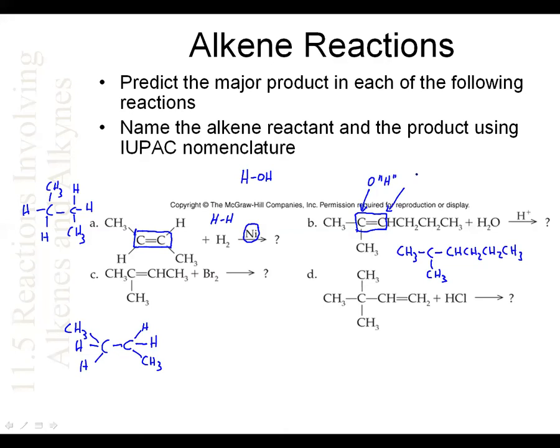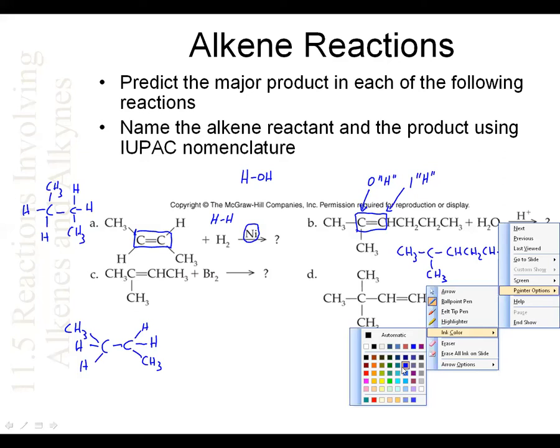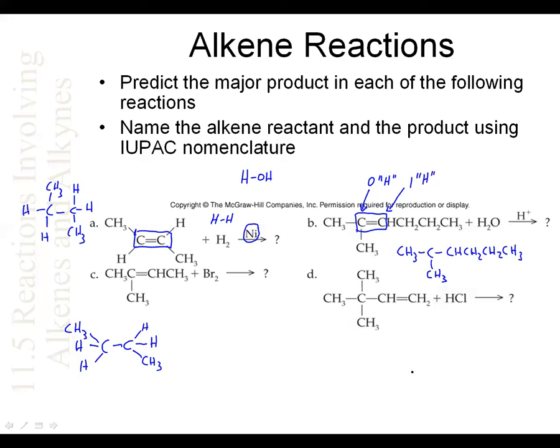That's important when we add the H and the OH, because the H should end up at the carbon that had the most to begin with, which would be this one. And the OH should end up at the other carbon, right there. That would get you your major product. Any questions on those two?